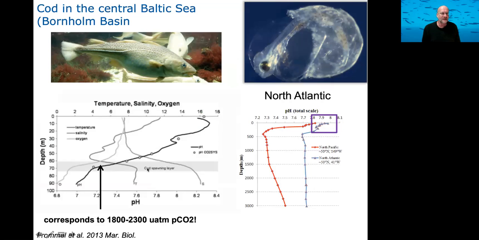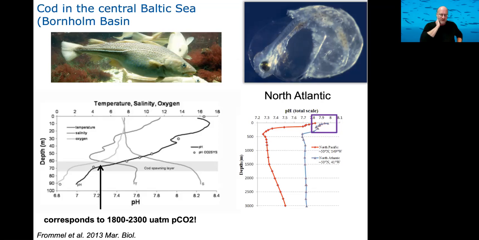What you see here, where the cod is spawning at 60 to 70 meters depth, is a pH of only slightly above 7.2, 7.3 typically. That corresponds to a pCO2 of 1,800 to 2,300 microatmospheres.